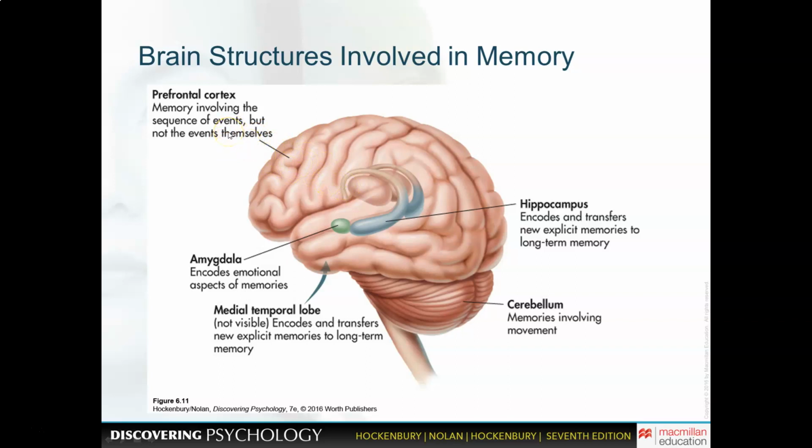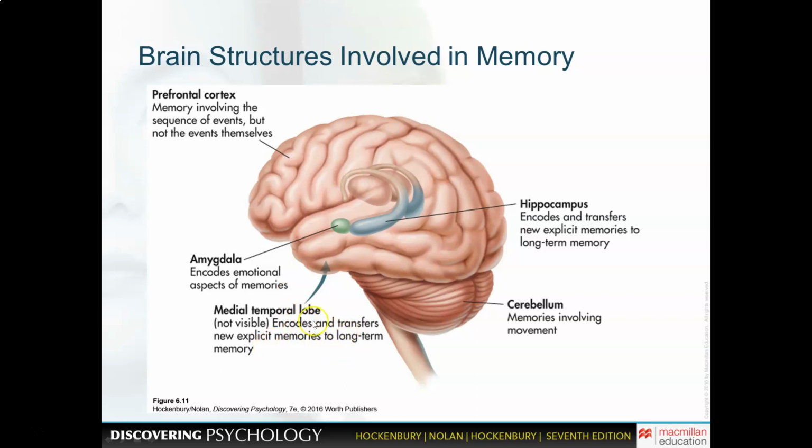Okay, I'm not going to go over these in extreme detail, so it's up to you to pause the video and just become familiar with these. Okay, the amygdala right here, that is involved in the emotional aspects of memories.